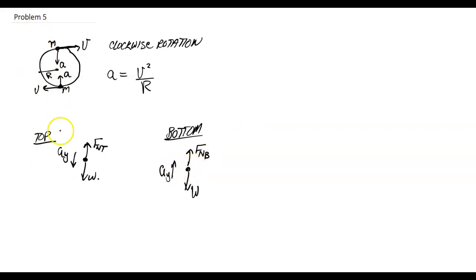So let's look at the top case, and if we do the sum of the forces in the y direction equals ma, we're going to get the normal force on the top minus the weight equals the mass times the acceleration in the y direction.